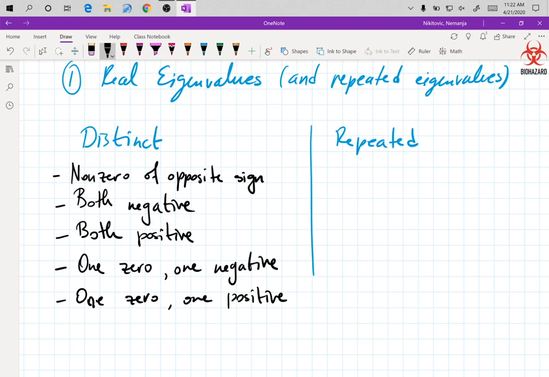You can have 2 positive repeated. So lambda 1 equals lambda 2 equals 3. And then both negative, and then both 0. So those are easy because it's repeated. So both positive, both negative, and both 0.